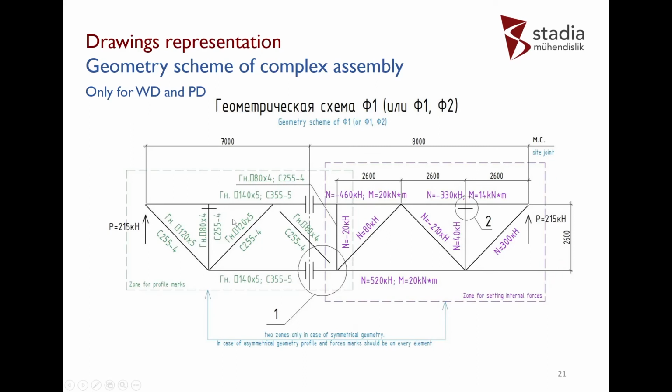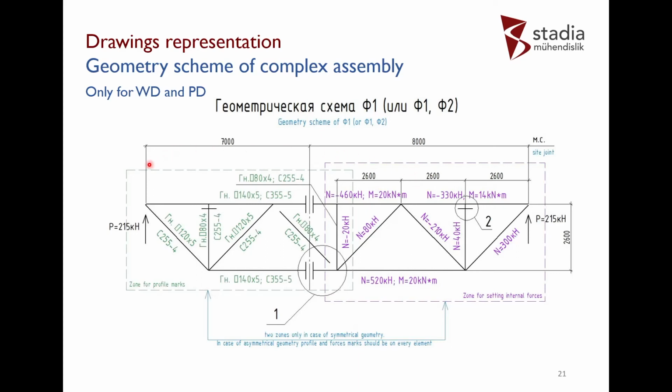This is a usual truss scheme, F1 or F1 plus F2, it doesn't matter. On this geometry scheme, we must show all sections, this one, this one, this one, and this one, and forces.